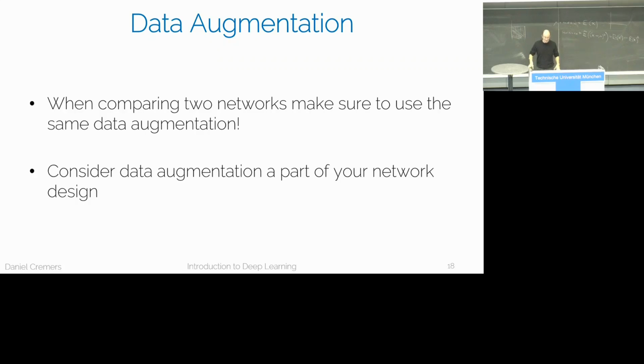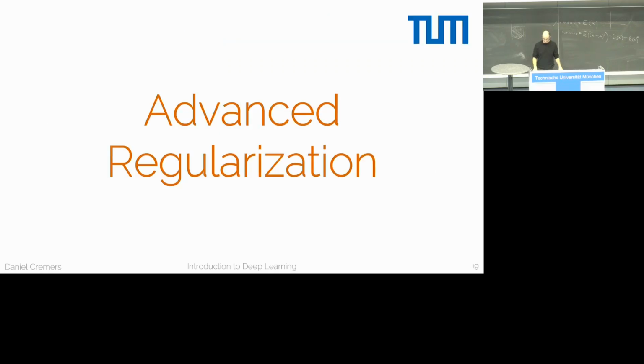And then if you have a feeling you're running into overfitting, then you can either try data augmentation to create more training data that would avoid overfitting, or you can revert to what is called regularization. And this is in fact what we want to talk about a little bit more now, advanced regularization.